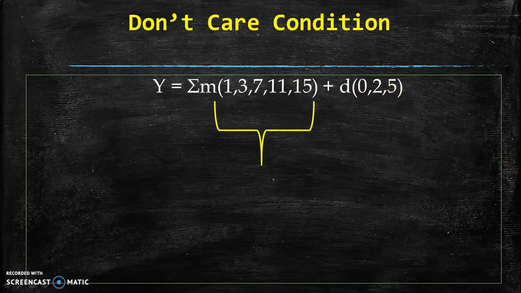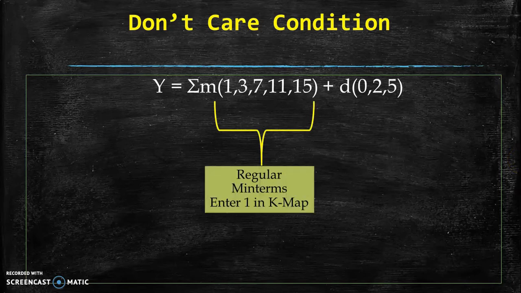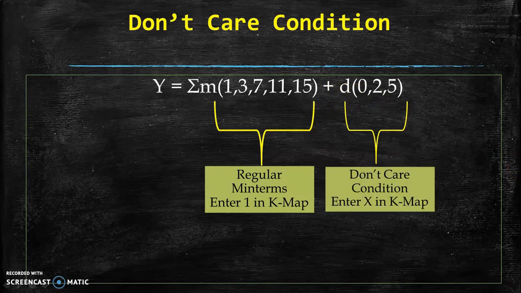This is our regular minterms, and we can enter ones in the K-map for all these given minterms. But this is known as a don't care condition, and we write it with d. D is for don't care condition 0 to 5, and we have to enter a cross sign in the K-map for all these given don't care conditions.